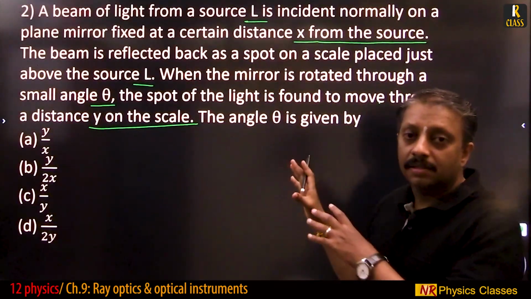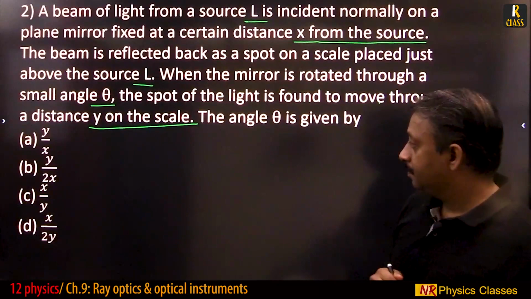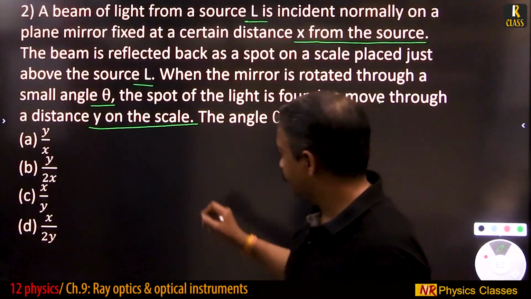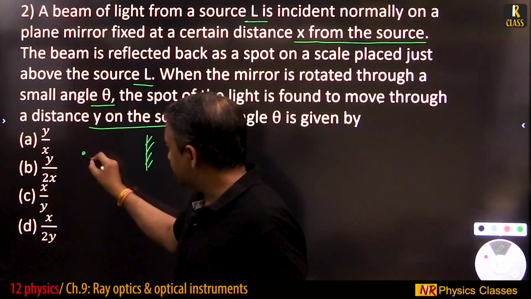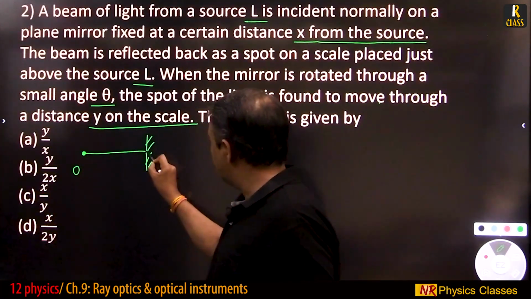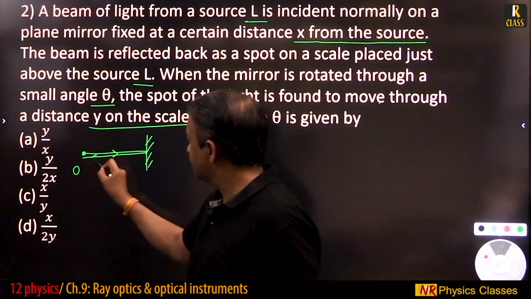So this is a basic problem on reflection from a plane mirror. Few concepts are involved. Let me explain that. This is a plane mirror. This is the object. Light from the object is incident normally, then reflected light reaches.